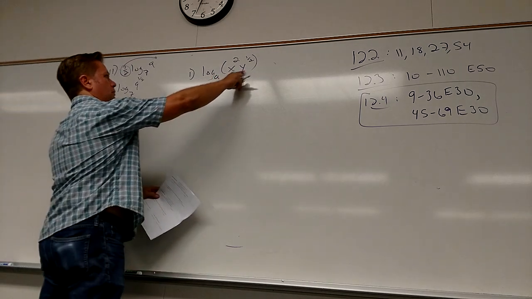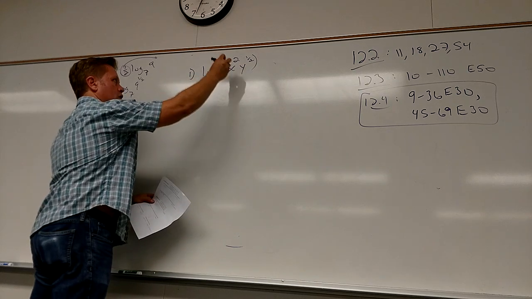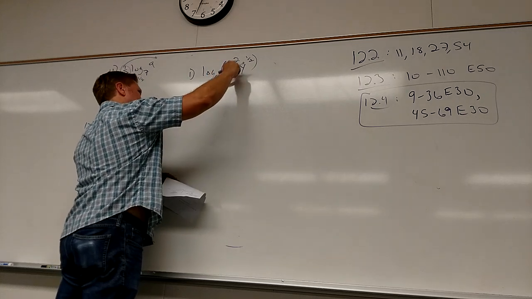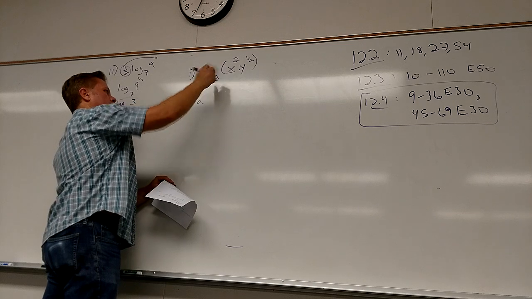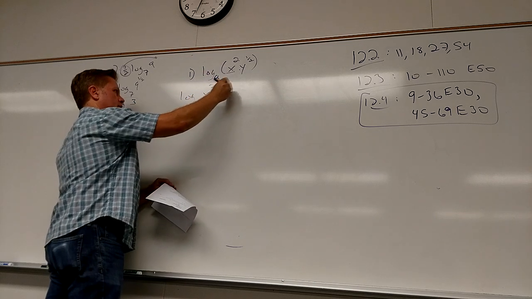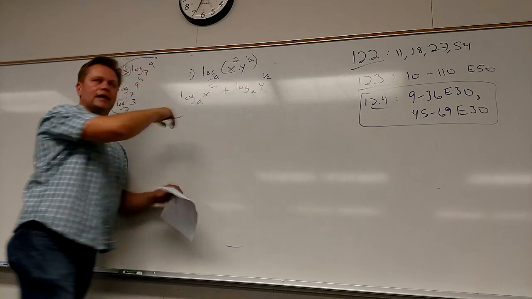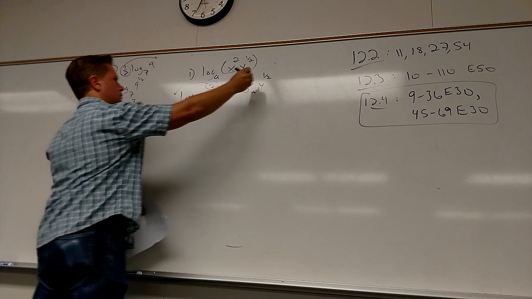What's the main thing happening in here? Multiplication. Good. So it's log a of this times log a of this times this. How can I rewrite that? It'd be log a of x squared plus log a. And so what's the last thing I can do? Power to log.